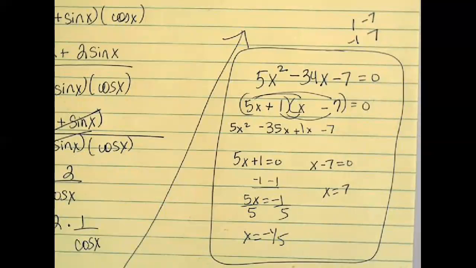Do y'all have other questions? Would you do the same thing with 7x squared minus 2x?